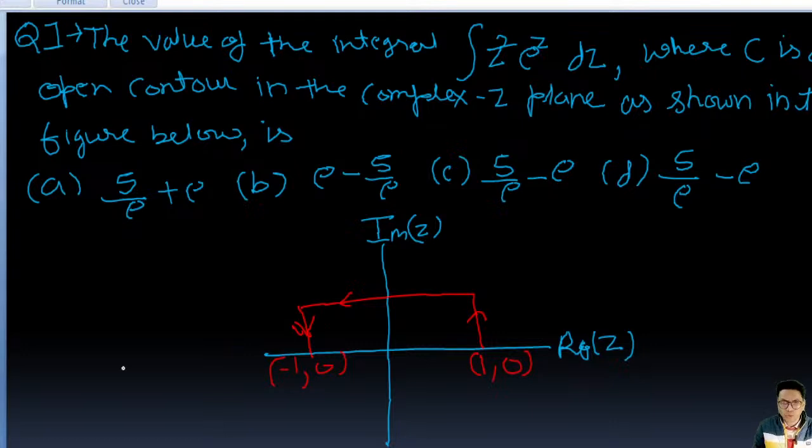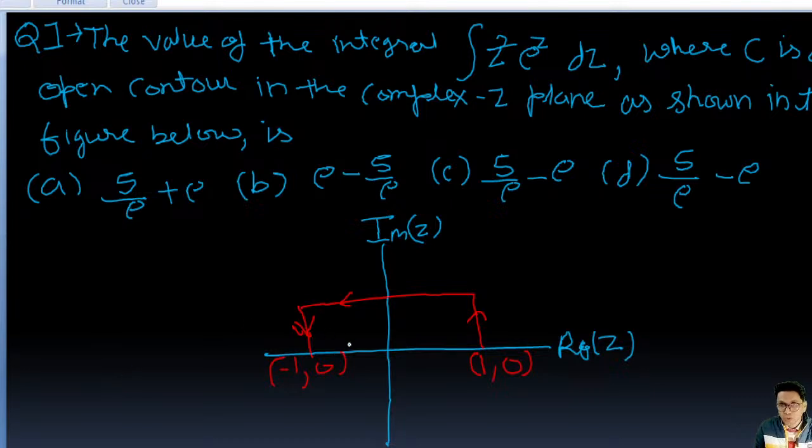Here we know there is the Cauchy integral theorem, right? For any closed contour, the integration about a closed contour is 0 if there are no poles.